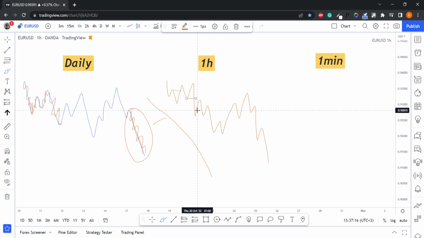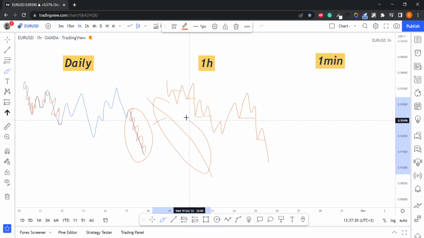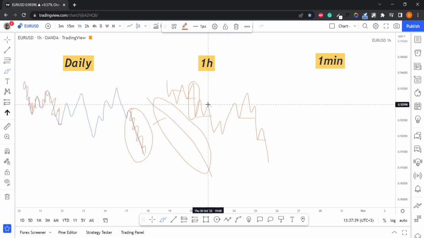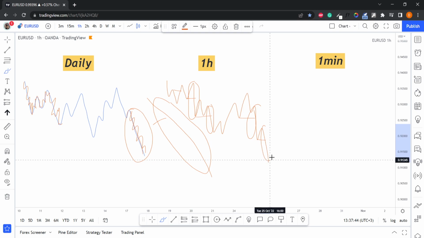But in some cases, I will show you on this schematic. In these places of time we have bearish impulse, and then we have bullish impulses on 1 hour, but during this period we have bearish impulse on daily and bearish impulse on 1 hour. Again, one more bearish impulse on 1 hour, and one more, and one more.